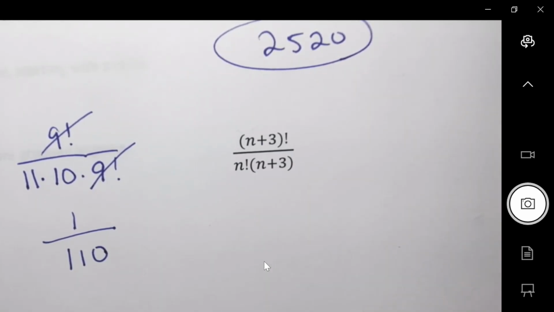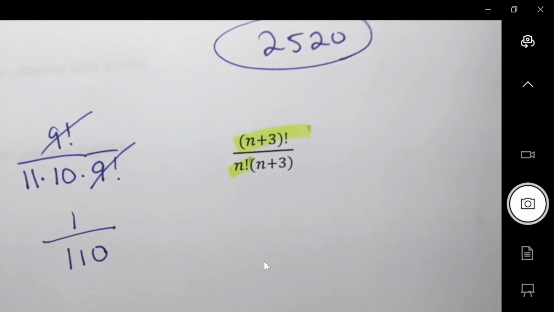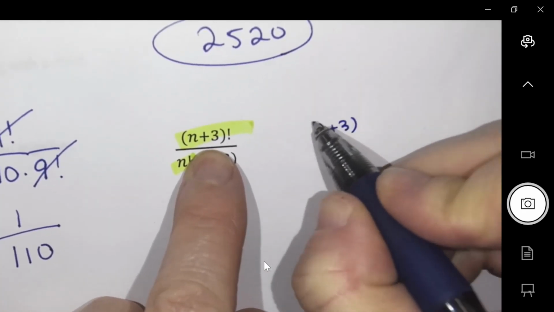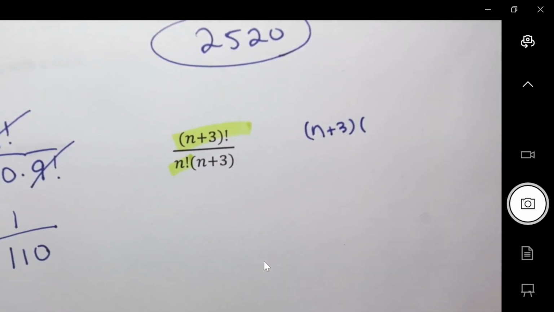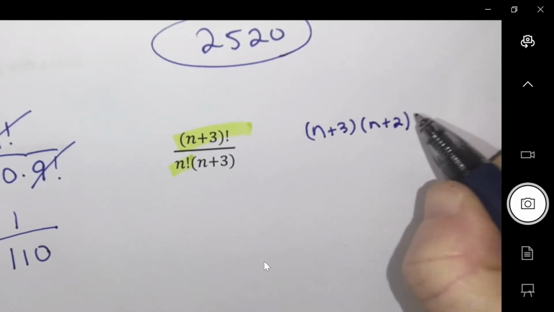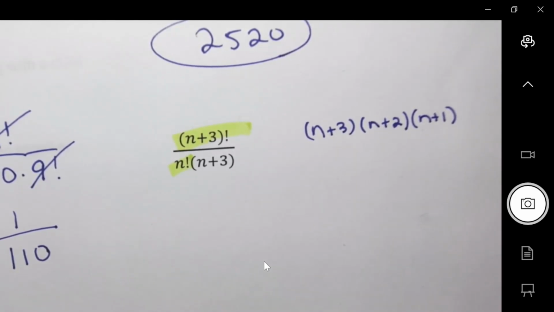Okay, next one, I have an n plus 3 factorial and an n factorial. So which one is larger? You expand the larger one. N plus 3. Okay, we need to go down. So the next down is n plus 2. N plus 1. What's the next in the order?